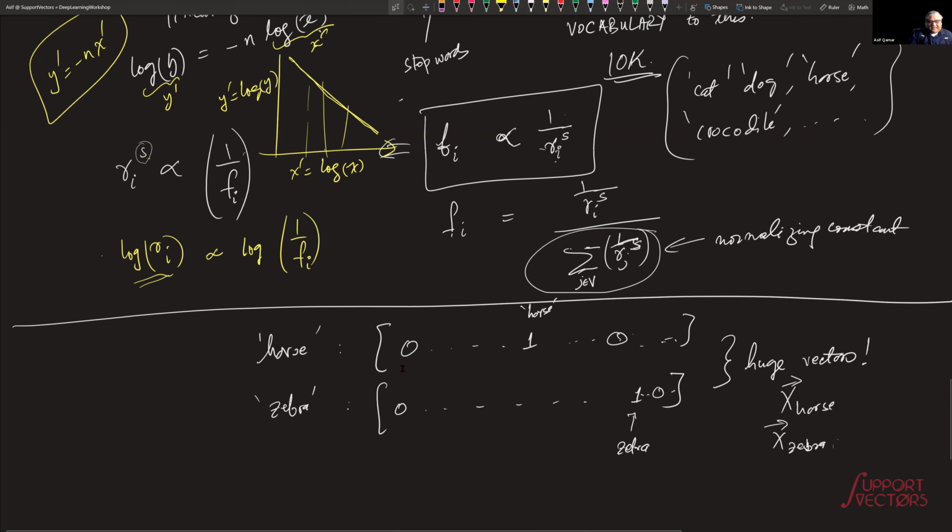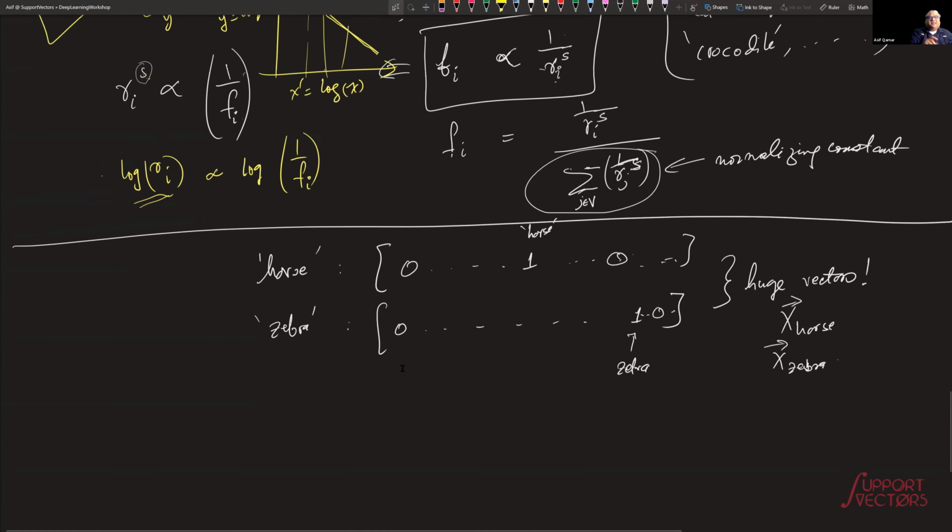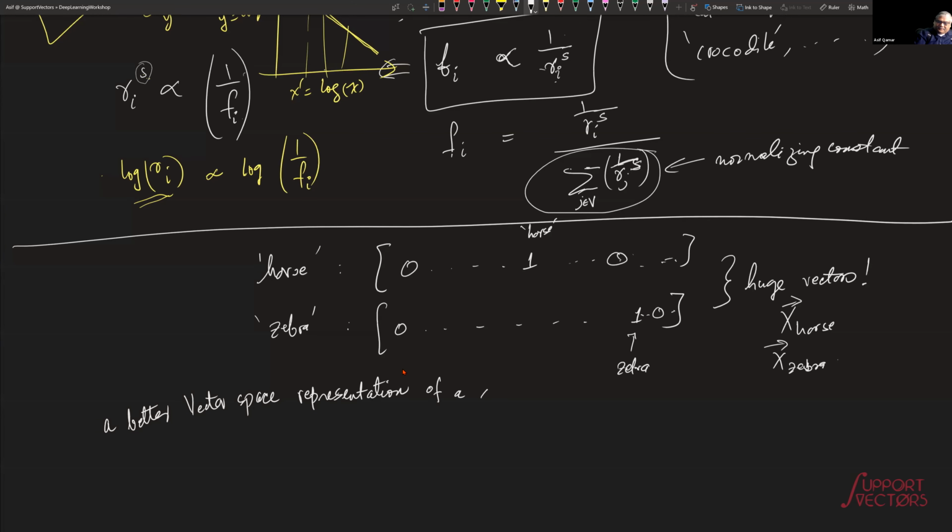So what do we do now? We want smaller vectors. So one way is that we already reduced it a little bit. And now what we can do, we ask this question: can we have a better vector space representation of a word in a document?